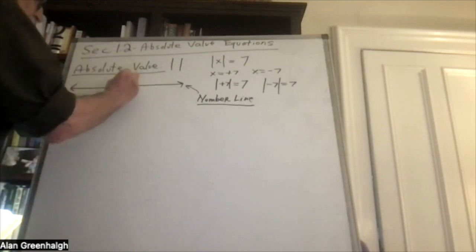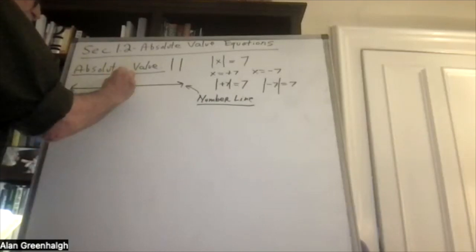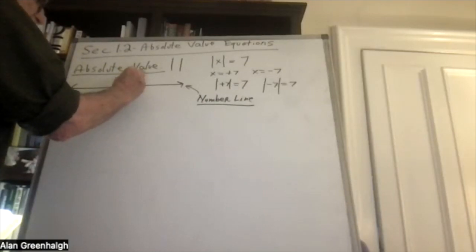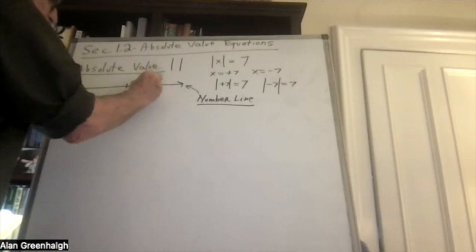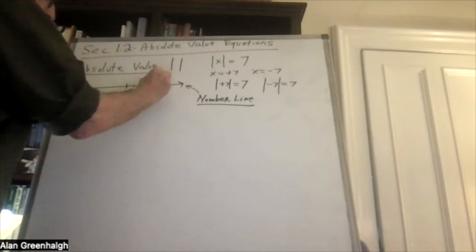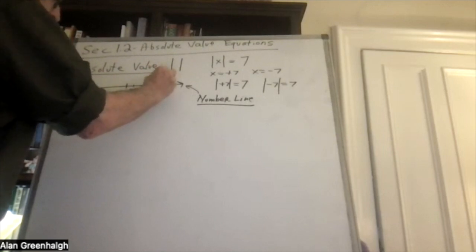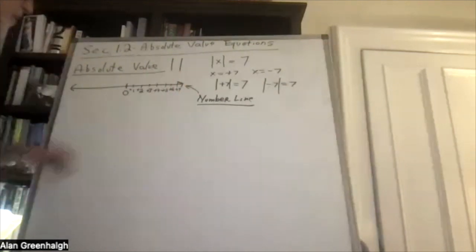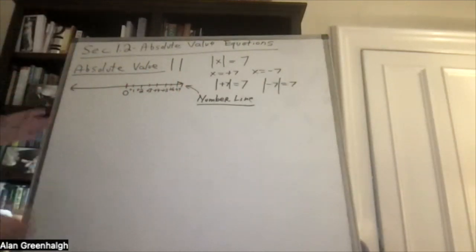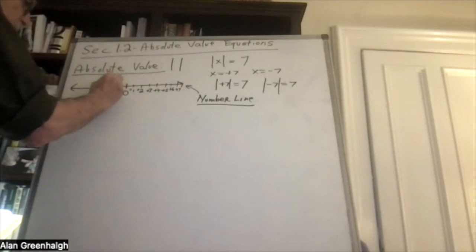So I'm going to create a number line, and you know that the numbers to the right of 0 are positive. I think you all kind of know that. And the numbers to the left of 0 are negative.